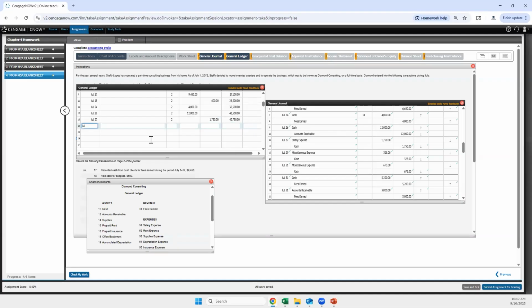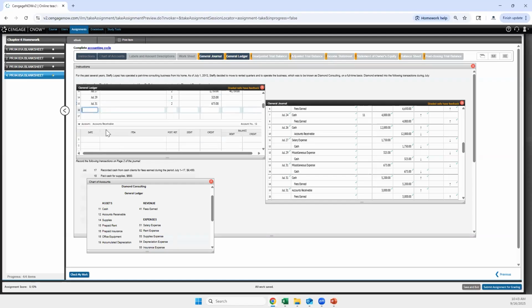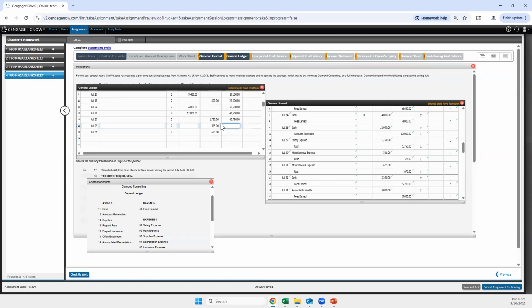And July 29th, we paid out $325. And then the 31st, we paid out another $675. And then these amounts are 4,425 and then 39,750.